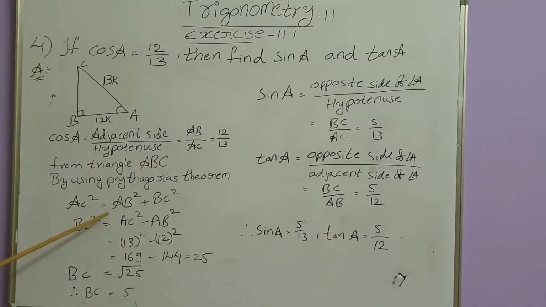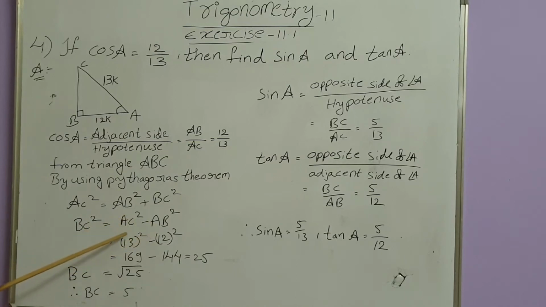AC square is equal to AB square plus BC square. Now we want BC square, BC value. So BC square is equal to AC square, this AB square take to this side, it will get negative. AC square minus AB square.